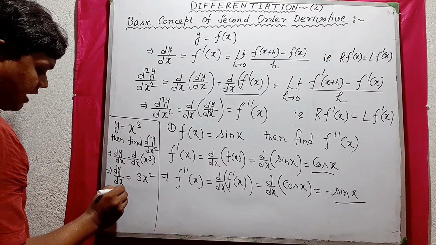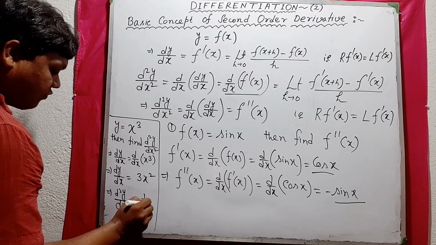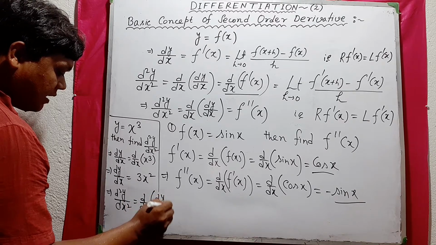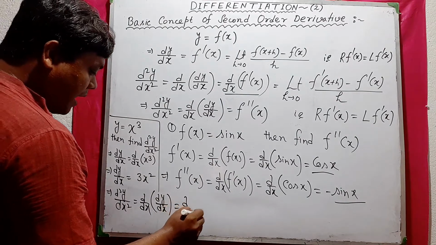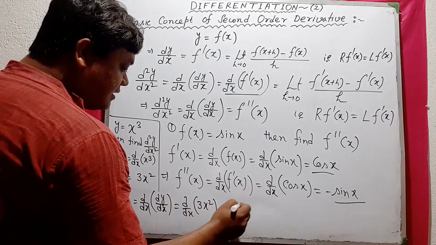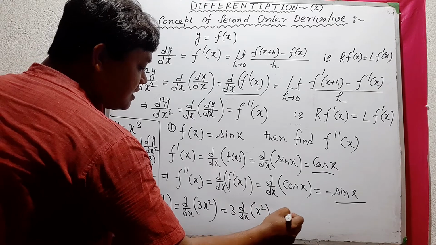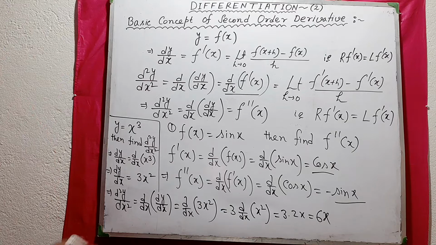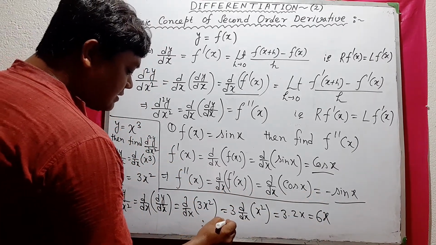And d2y/dx2 equals d/dx of dy/dx. We have already calculated dy/dx, so put the value 3x square, then 3 into d/dx of x square gives 3 into 2x, that gives 6x. So y equals x cube, then d2y/dx2 equals 6x.